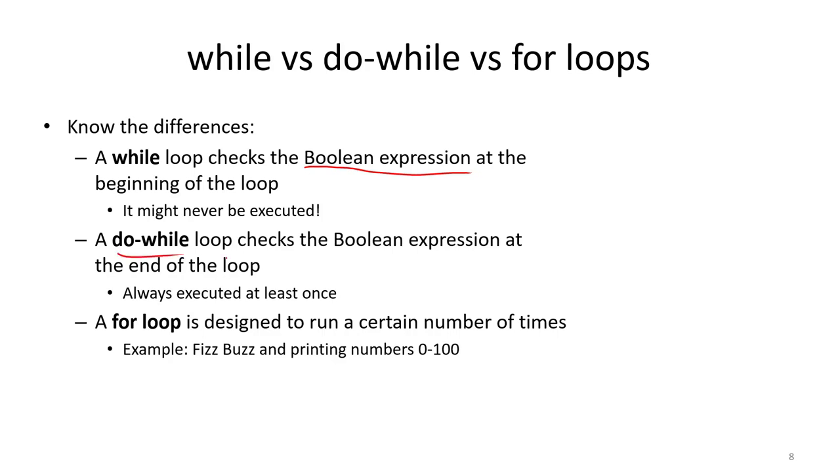A do while loop is a special case of the while loop. Remember, it checks the Boolean expression after the loop has run. So a do while loop will always be executed at least once.